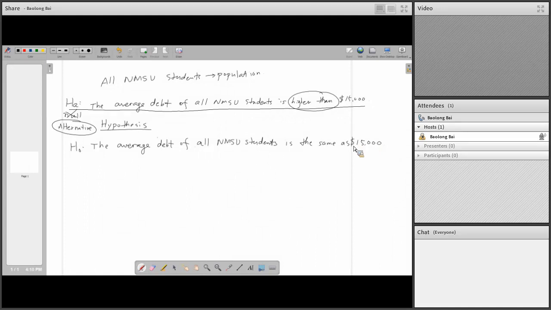So you can see now this claim is stating something is being the same as something else, right? So this will be our null hypothesis. And that's our first step, stating hypothesis.